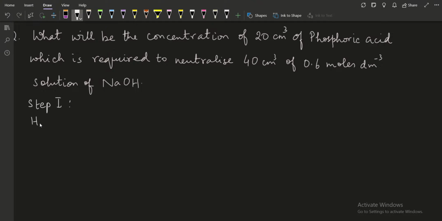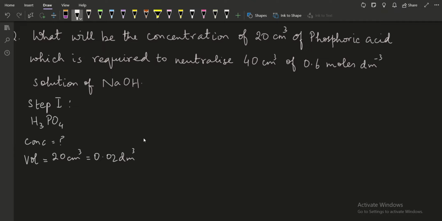H3PO4 is phosphoric acid. We have to calculate its concentration, and its volume is given, which is 20 cubic centimeter. 20 cubic centimeter is equal to 0.02 cubic decimeter.